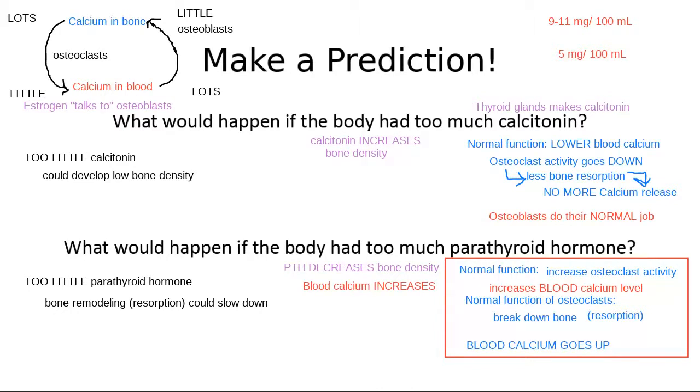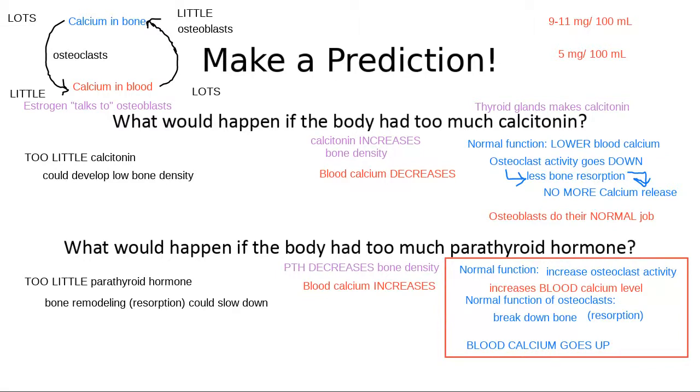If I have too much calcitonin, what's going to happen to the level of calcium in my bloodstream? What happens to calcium in the blood if I have too much calcitonin? That actually decreases. Here, let me put a little box around it for us.